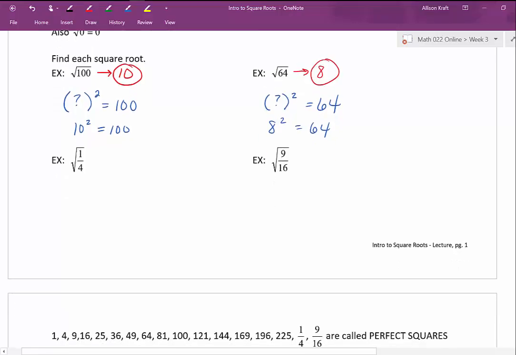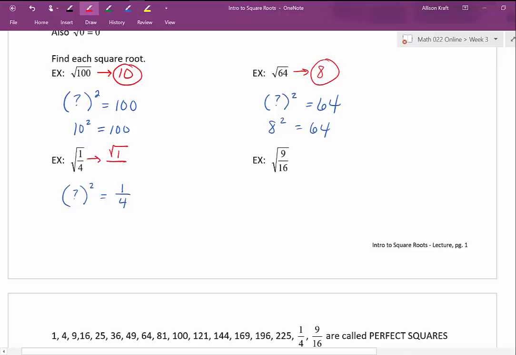Let's take a look at some fractions. What number raised to the second power is equal to 1/4? That can be kind of tricky to figure out for the fraction as a whole. So what you can do is look at the square root of the numerator separate from the square root of the denominator.